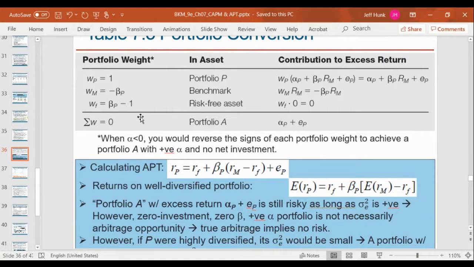So if the beta is 0.05, then the weight of the risk-free will be 95%. Think of it this way: you're putting all your money into the S&P 500, and let's say it is $1 million.